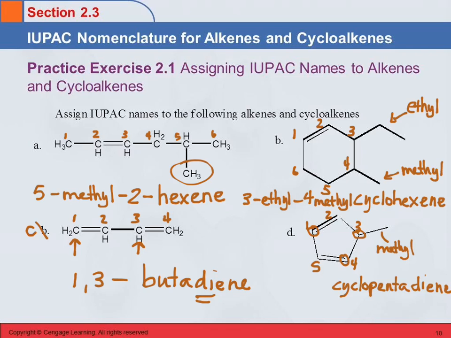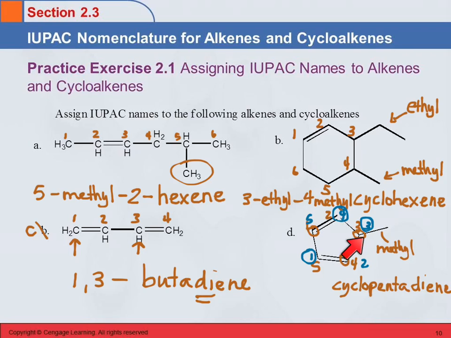We could start here and go 1, 2, 3, 4, 5. Then we end up with a 1 and a 3 and a 4. And that's the same thing we had before, isn't it? Let's see. 1, 2, 3, 4, 5.